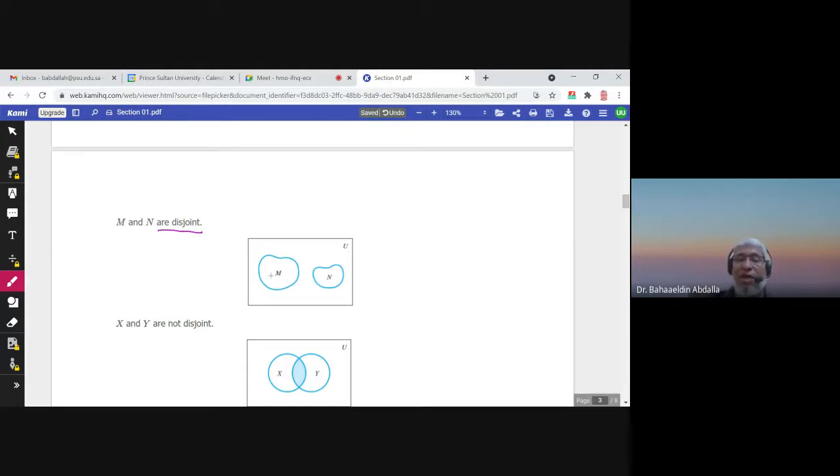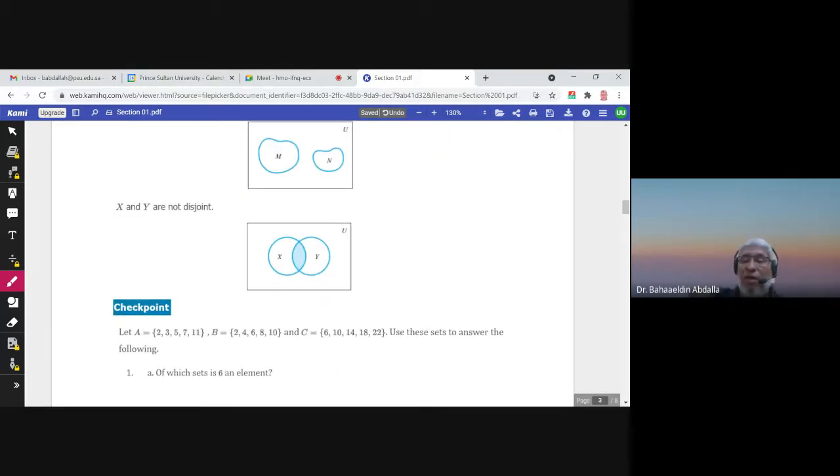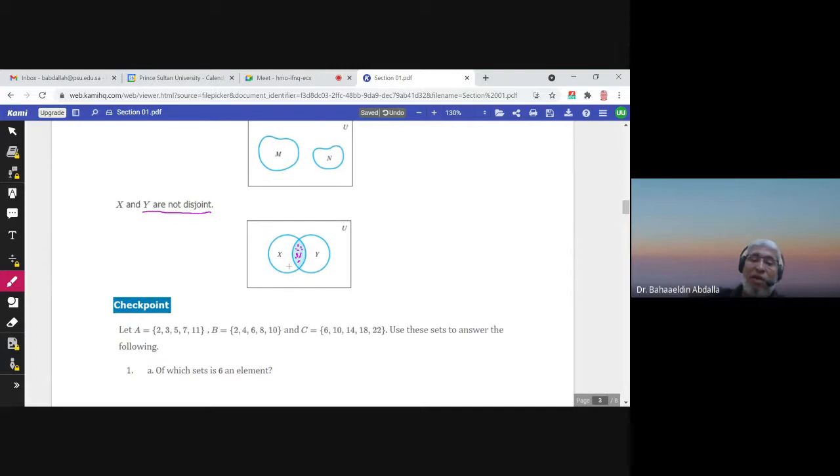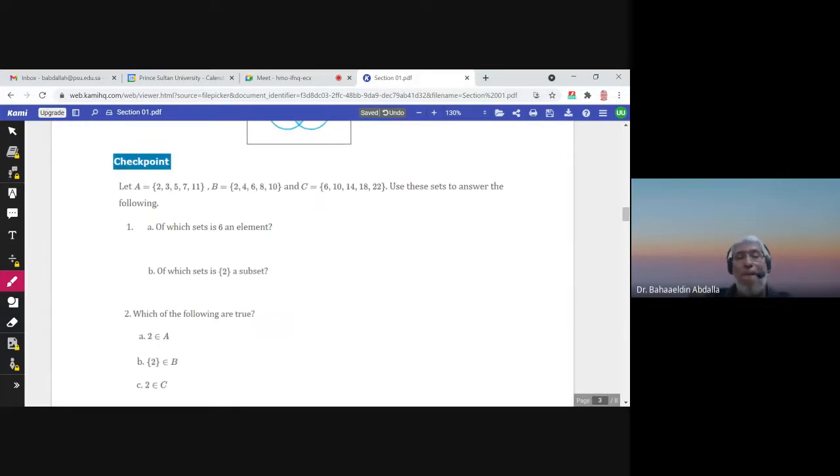All the elements of M are different from the elements of N, so M and N are disjoint. X and Y here are not disjoint, because here we have elements that are in X and in Y at the same time.